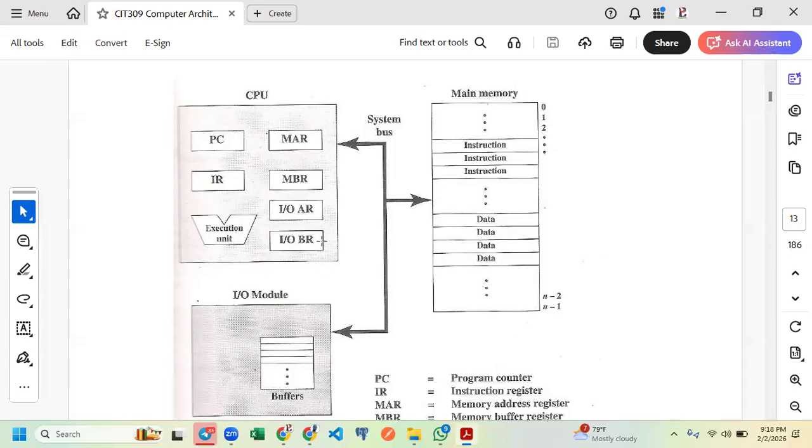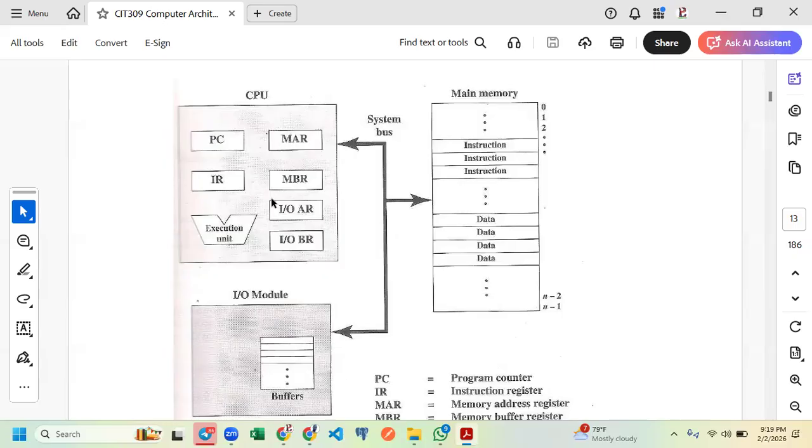In the top view of the computer components, we have the CPU, the input-output module, and the main memory. Under the CPU, when you draw the box to represent the CPU, you talk about the PC, and you talk about the MAR, the memory address register.